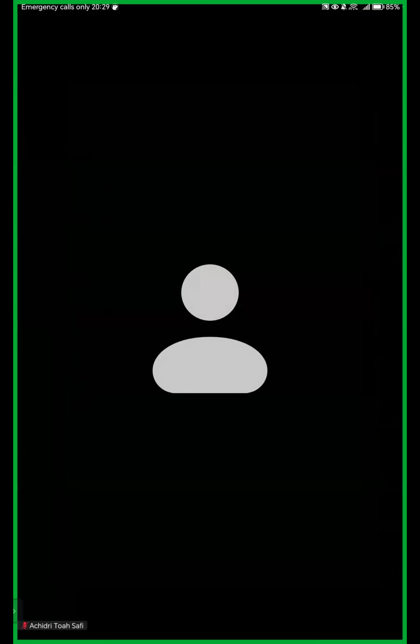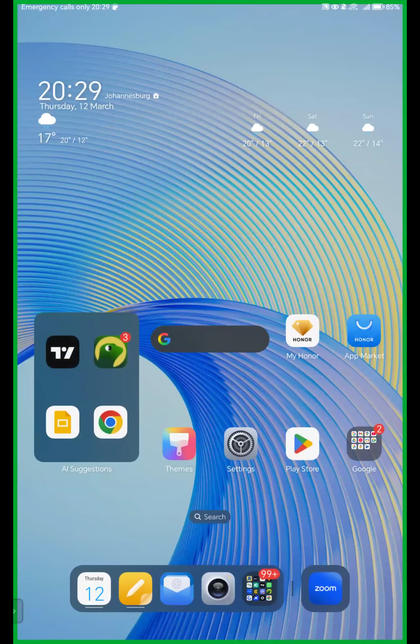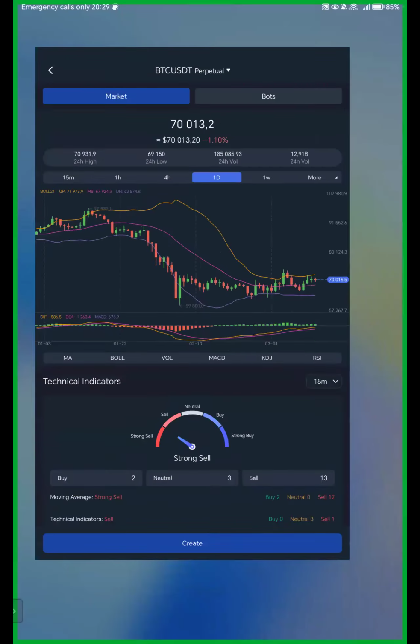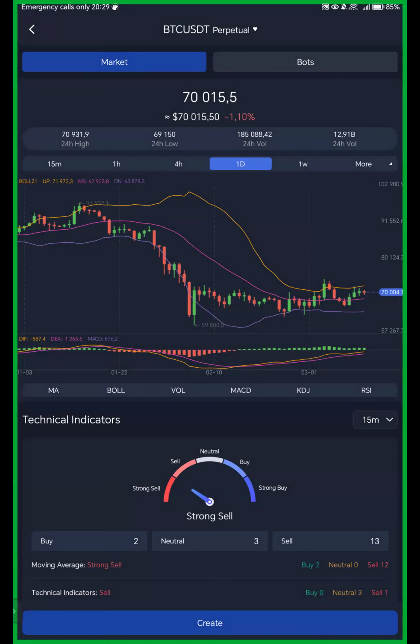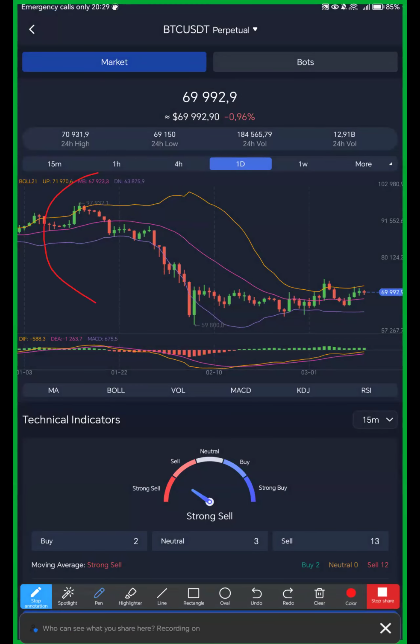Okay. So let me go back to the RoyalQ application. All right. Now here, below this chart, which is a representation of the price, you are going to see what we call technical indicators.